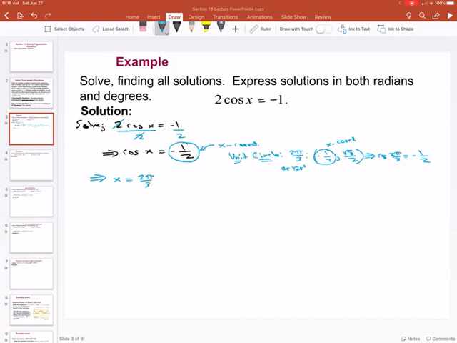Now, that's one solution, one angle measure in quad 2. There's infinite angle measures that represent that same ordered pair of -1/2, square root of 3/2, by using coterminal characteristics. We can add or subtract any multiples of 2 pi, or 360, and we'll get back to that same ordered pair. We get back to that same function value of -1/2 for cosine.